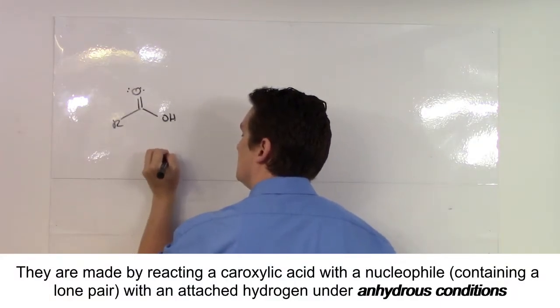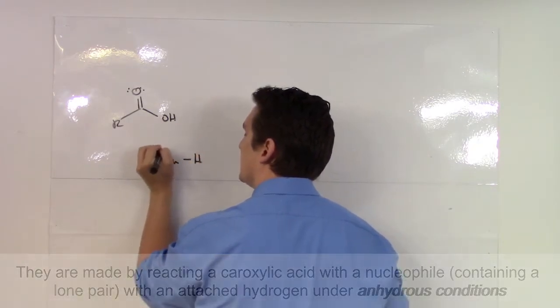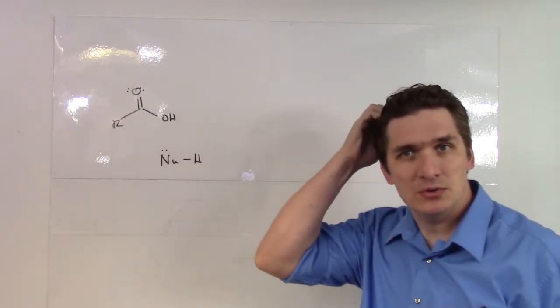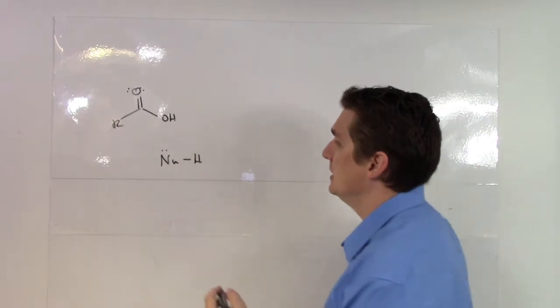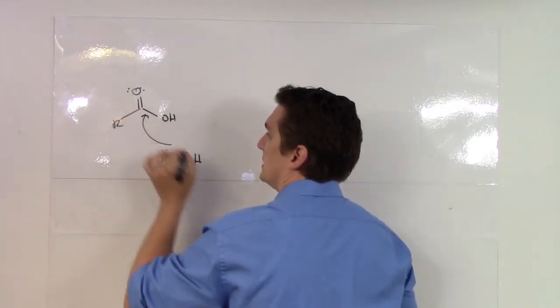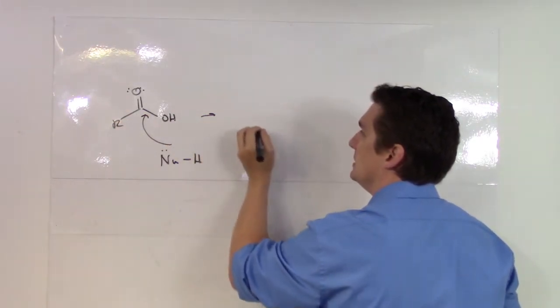and we have some nucleophile attached to hydrogen, whatever our nucleophile may be, and we'll discuss what those can be in just a minute, what we're going to see happen is that our nucleophile is going to attack and generate our intermediate.